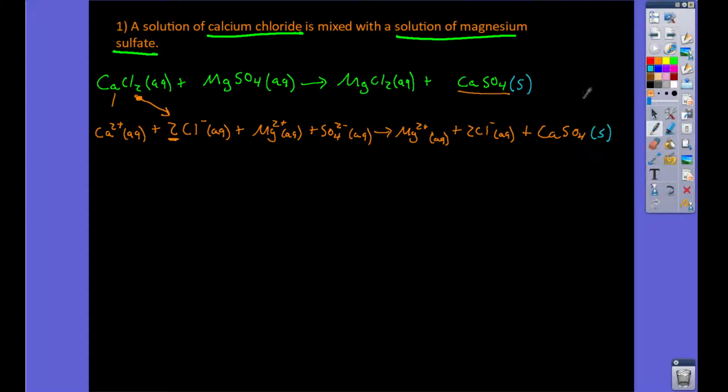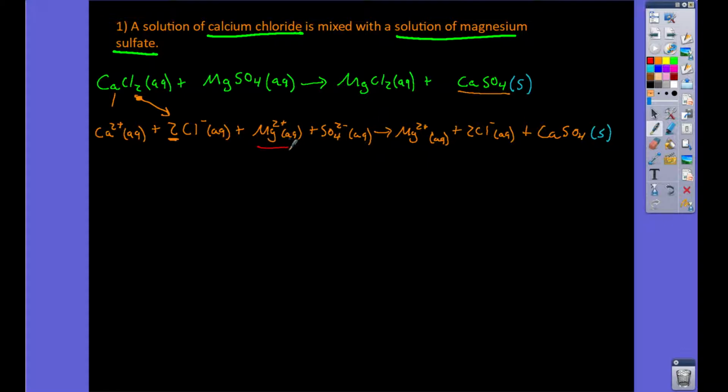Good. Now for the net ionic equation, the only thing that we're going to do is get rid of those things called spectator ions. Now the spectator ions are the ones that don't take part in the reaction, that from beginning to end stay the same. And if things stay the same, then that means that there is no reaction that takes place for them.